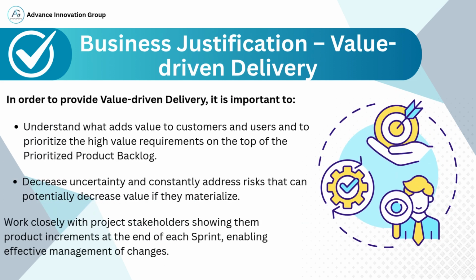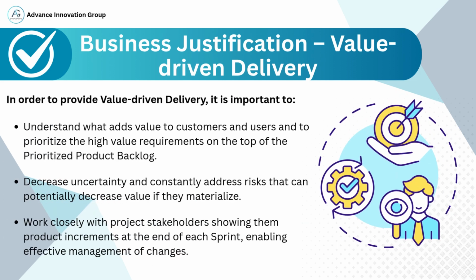To truly implement value-driven delivery in Scrum, certain practices are critical. First, it's essential to understand what adds value for both customers and users. Only then can we ensure that the most important and high-impact features are given top priority in the prioritized product backlog. Second, Scrum teams should aim to reduce uncertainty by addressing risks early and continuously.